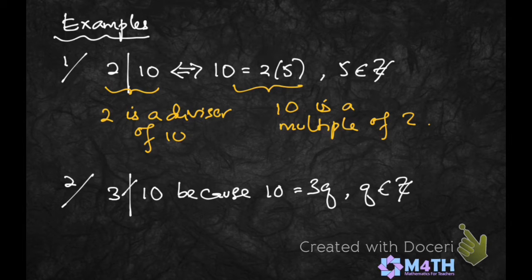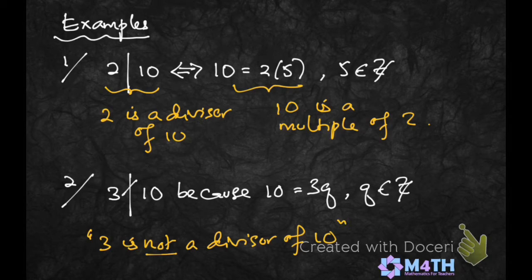If you try some values of q, you will never find a q that satisfies this equation, because we need q to be an integer. So 3 is not a divisor of 10, and of course 10 is not a multiple of 3.